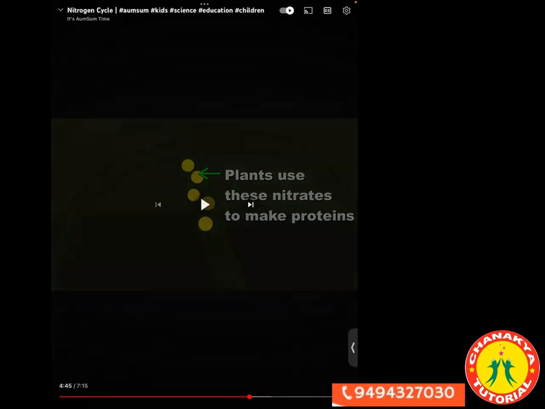Once they have been converted into nitrates, the plant will use it to make protein. Before, they were not taking the nitrogen directly from the atmosphere, but once it got converted into ammonia, then nitrites and nitrates, the plants can use them easily for making proteins.